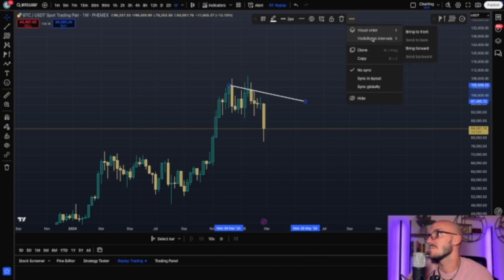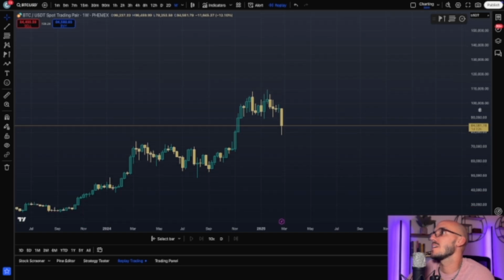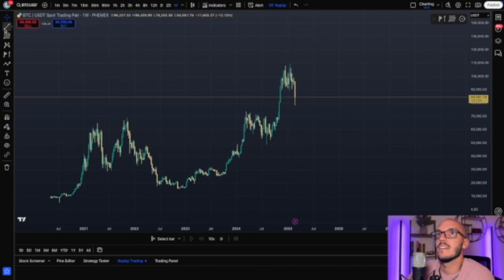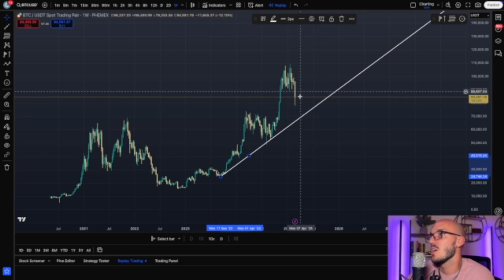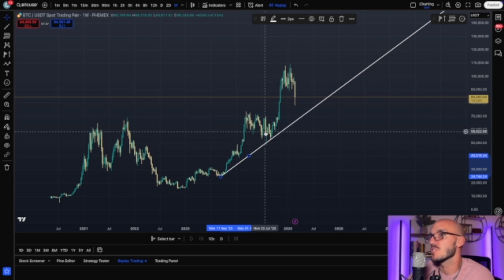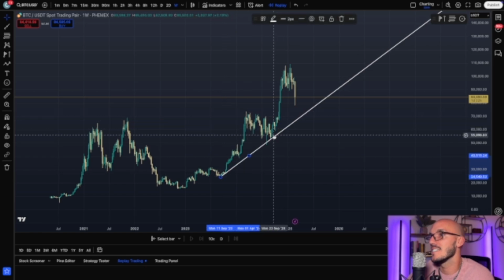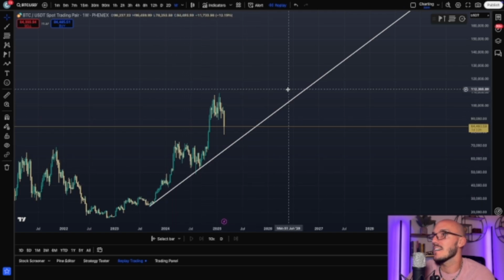Okay. And another thing I like to do too is when I'm doing my trend line, sometimes I also like to do a ray. I like to do a ray because it's easier to anticipate where the trend line might be in the future. So if I know that Bitcoin has been in an upward trend for a while, I can just leave this ray that I put here and just let it ride out.